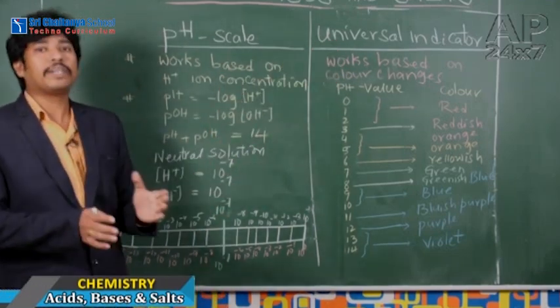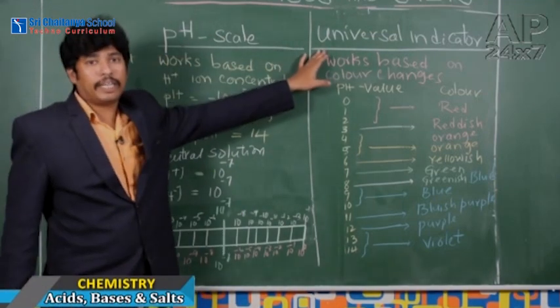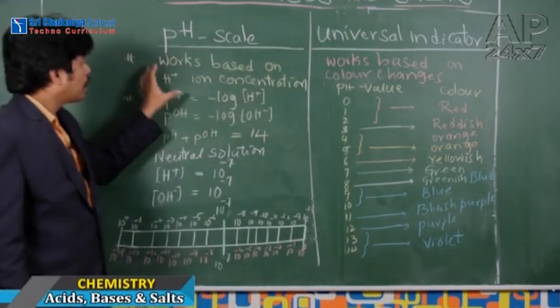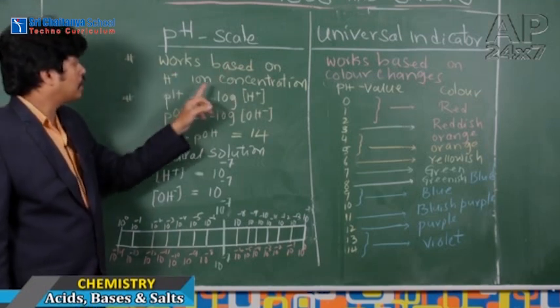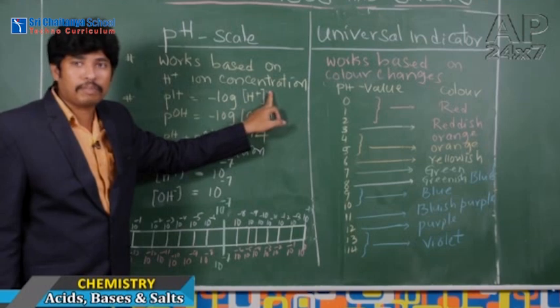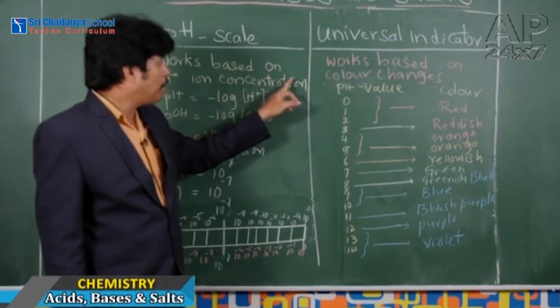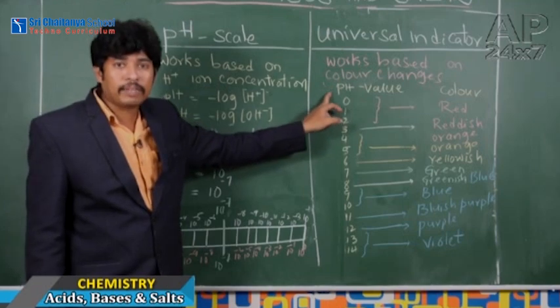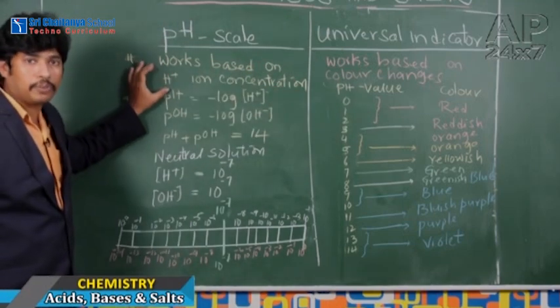Here I would like to tell you the basic difference between pH scale and universal indicator first of all. So coming to the working principle of these two indicators, pH scale mainly works based on H plus ion concentration present in the solution, and universal indicator works mainly based on the color changes as per the pH ranges. That is the main principle involved in these two indicators.